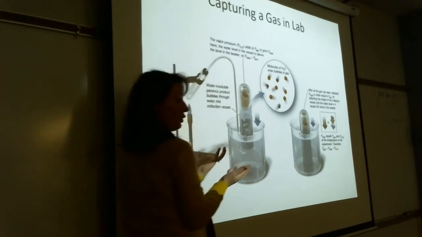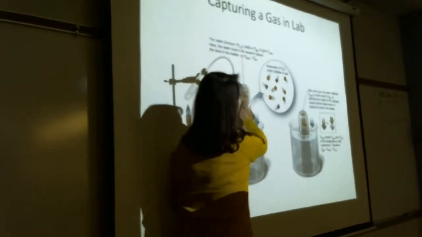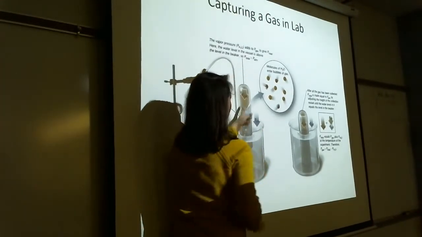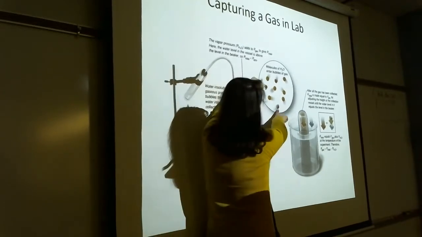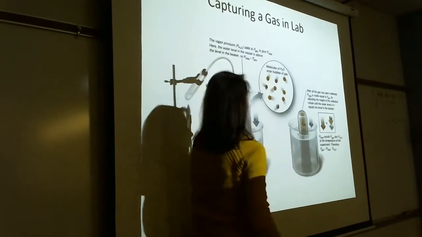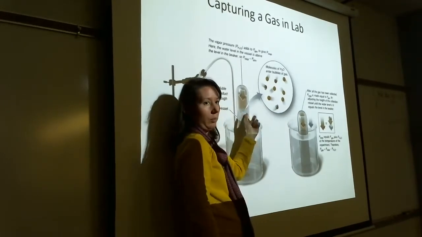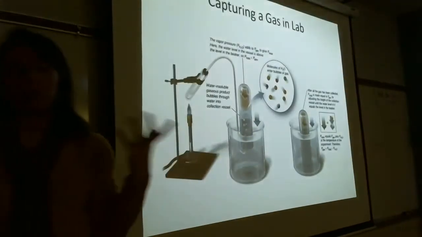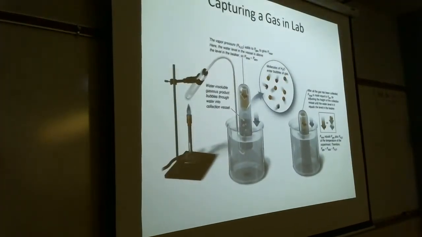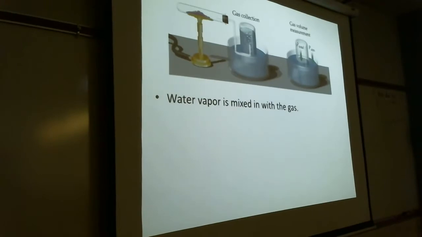But you do run into a problem, right? Because if you're bubbling your gas up, you're going to have the gas that you're capturing, but you're also going to have a small amount of water vapor in there too. Because this is liquid water, there is going to be some vaporization taking place. And so you're going to have to factor out that water vapor. Does everyone see why we have a slight issue we have to work around here?